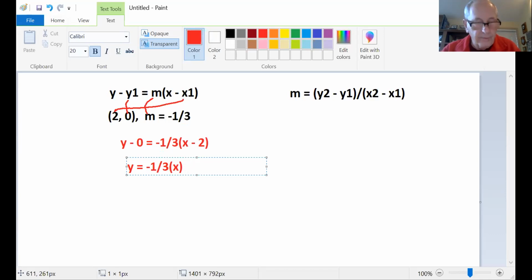So there's no negative here, so it's plus 2/3. At this point, we have it in the y is equal to mx plus b format, right? The intercept is 2/3, the slope is this. So this is really your answer.